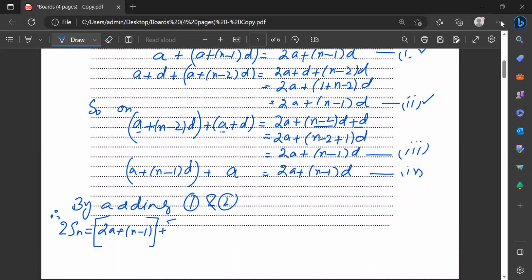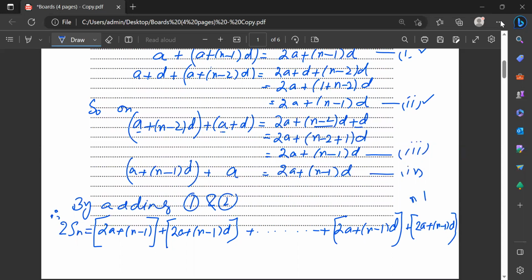Then again we are adding 2a plus (n minus 1) into d, and so on. When we check, the second last term was the same, 2a plus (n minus 1) into d, and the last term is again 2a plus (n minus 1) into d. And yes, there are n terms.